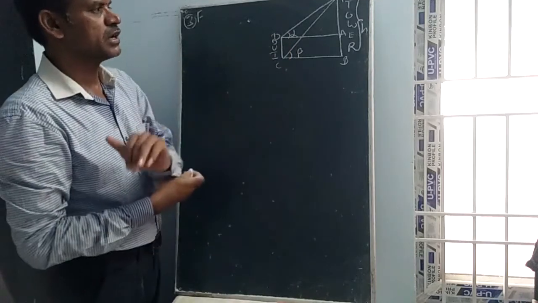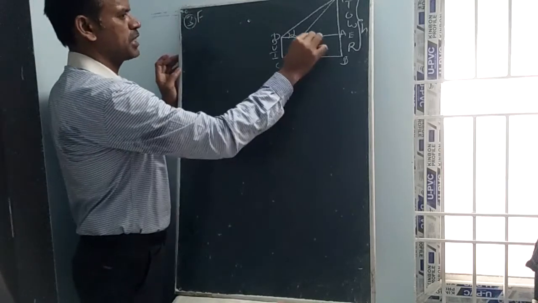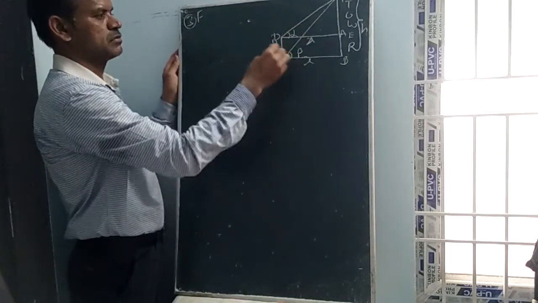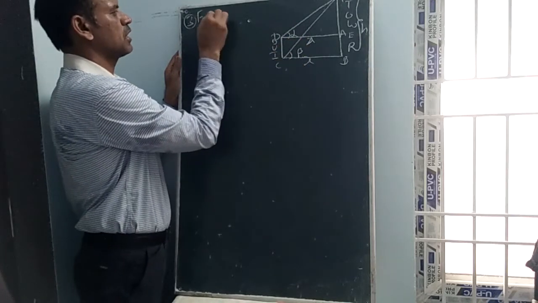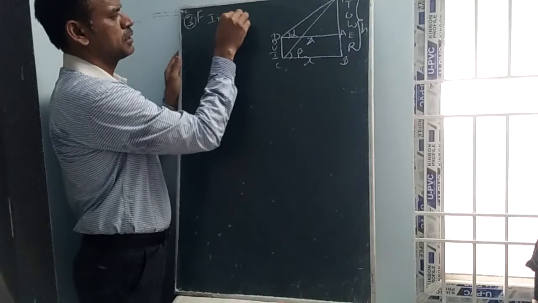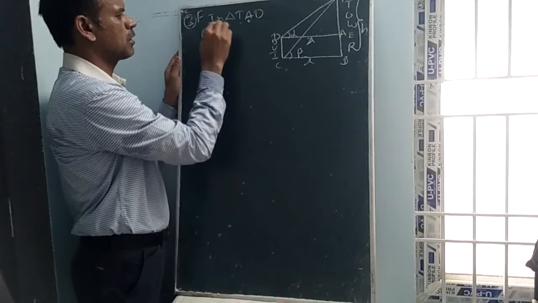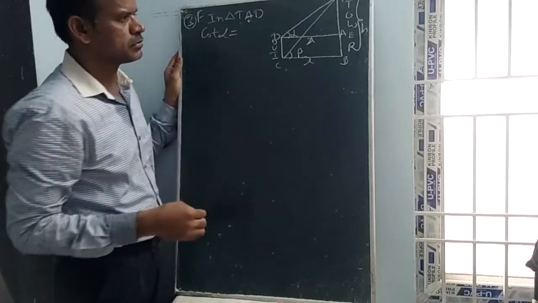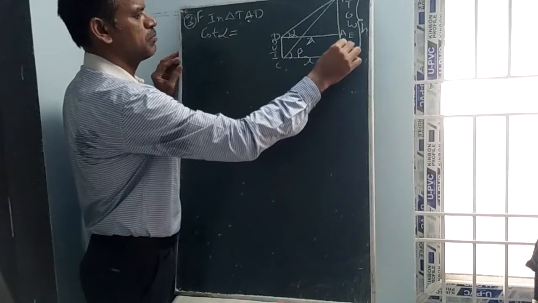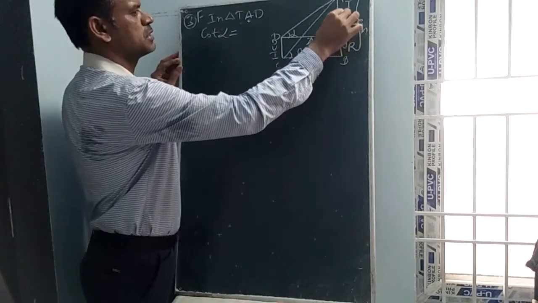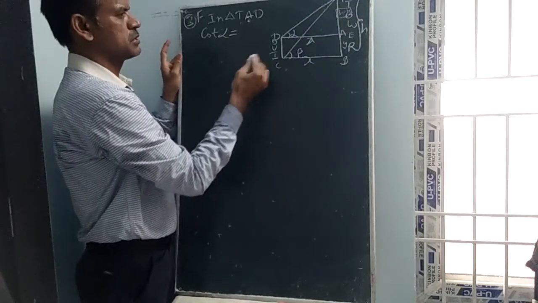Then we should calculate the height of the tower. Let this be x; of course, this is also x. This and this are the same, AD equal to CB. In triangle TAD, cot alpha, I am writing, cot means adjacent side over opposite side. Let the opposite side be y here, so this is h minus y because the total height is h.